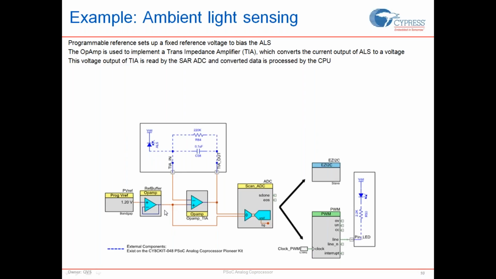And the bias is also set up using a programmable reference block, which in this case sets up 1.2 volts. Remember I said that you want to be sure that you don't load your reference. So you use an op-amp as a buffer before it gets into the non-inverting terminal of the transimpedance amplifier.